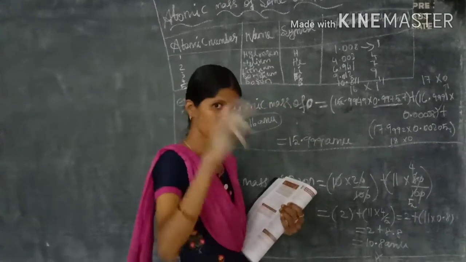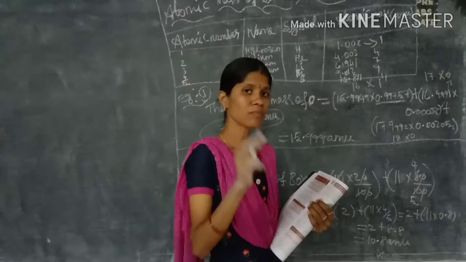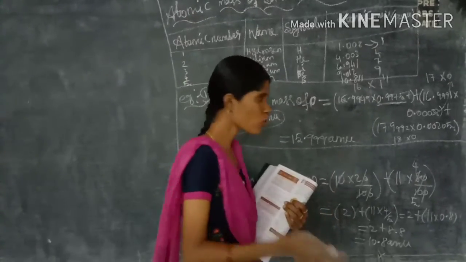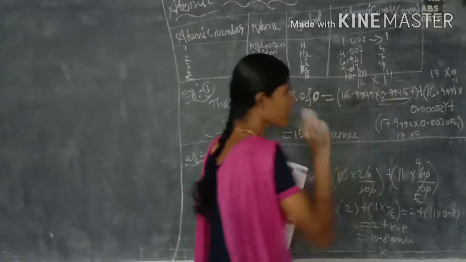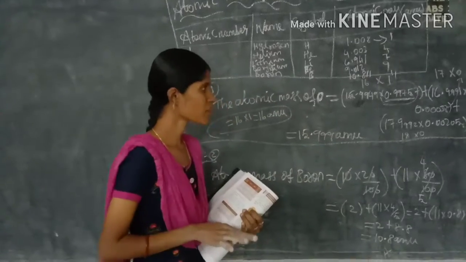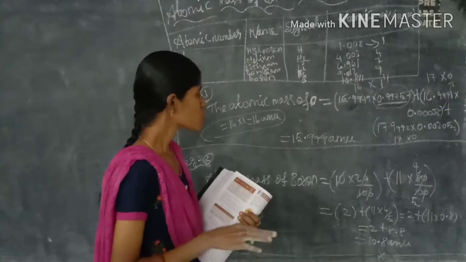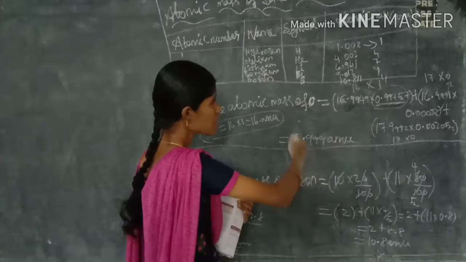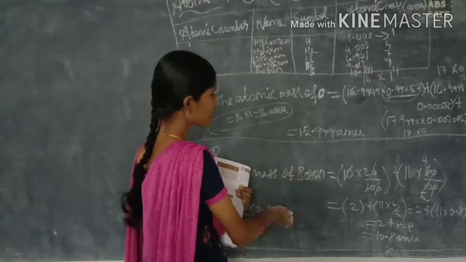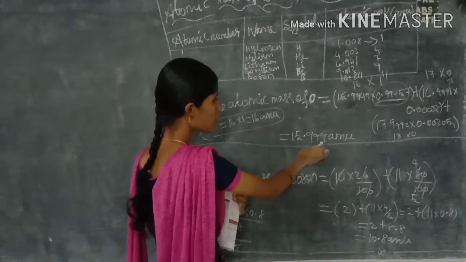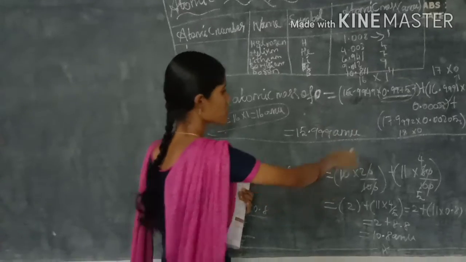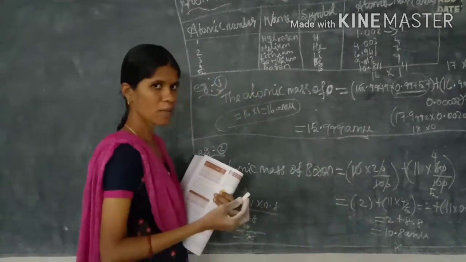The value given in the third column is divided by 100. So we can get the value like this for all three isotopes. Then we simplify, and finally we get the value 15.999 atomic mass unit, because the unit is AMU, that is atomic mass unit.